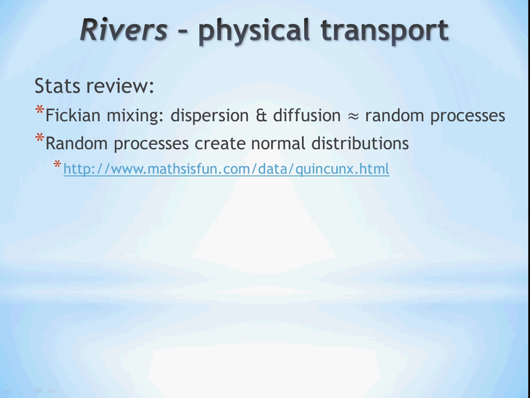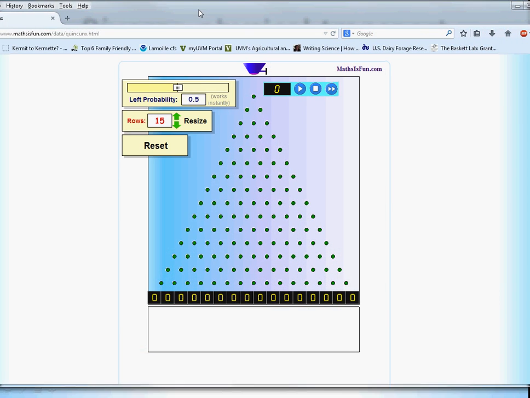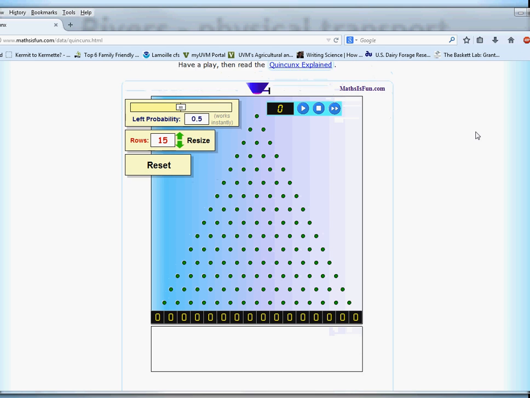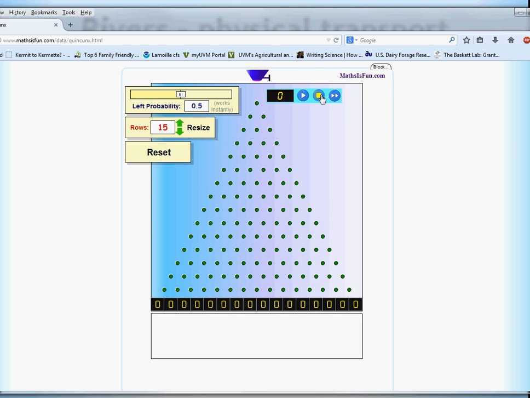And just to remind or convince you of that, here's a little animation of this. We'll start it up. This is a random ball drop going down these pegs, so the balls randomly go to one side or another, and you can see them falling down. This is a rather slow video, so I'm going to speed it up.